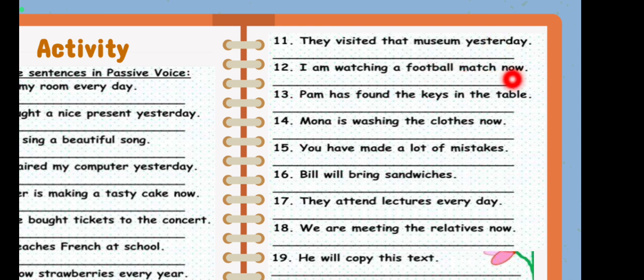That's great. Now complement and subject. Is being watched now by me. Great. Now the last one, 13. The keys. Yeah, perfect.